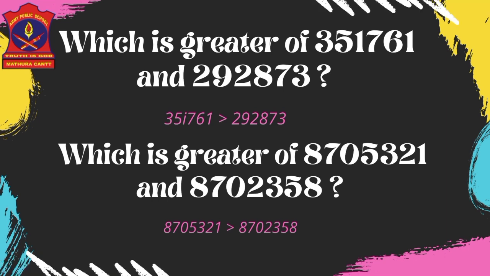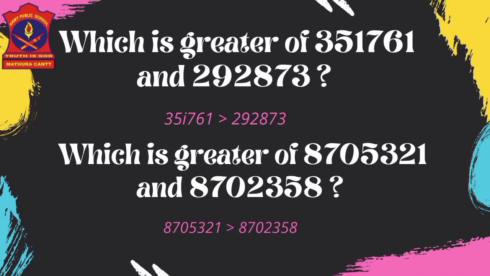Now let us see which is greater of 3,51,761 and 22,92,873. So let us compare. In both of the numbers we have 6 digits. So we compare the digits at the leftmost positions in the 2 given numbers.